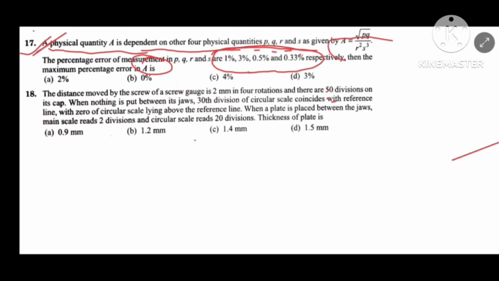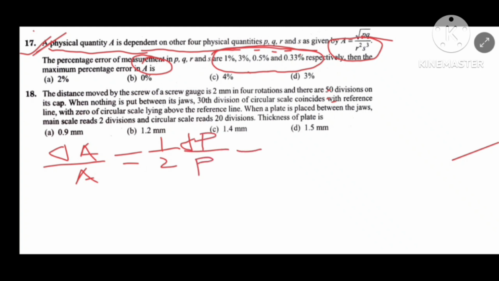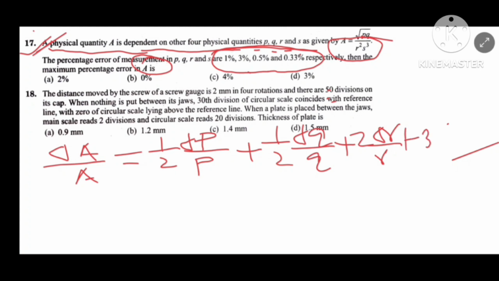Now from this relation we can write the relative error of A equal to half of the relative error of P, because P has exponent half, plus half of the relative error of Q. Q also has exponent half, and 2 into the relative error of R, because R has exponent 2, and 3 of the relative error of S.